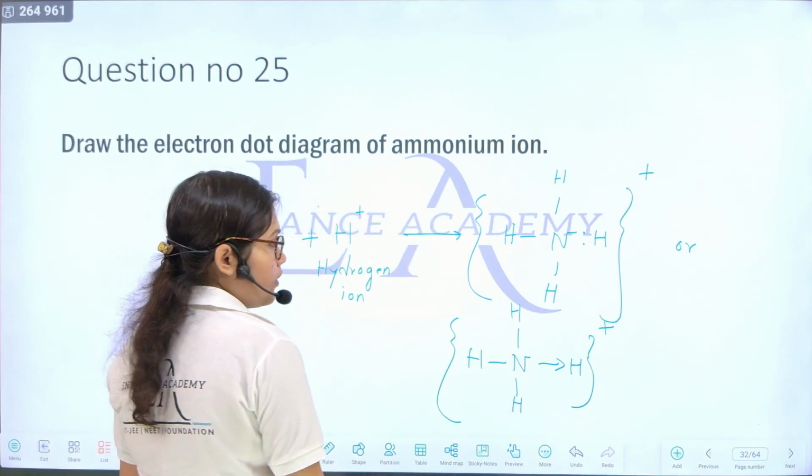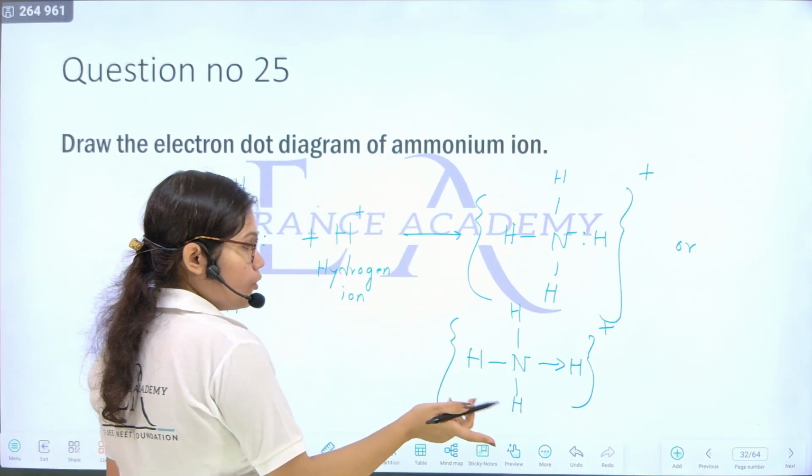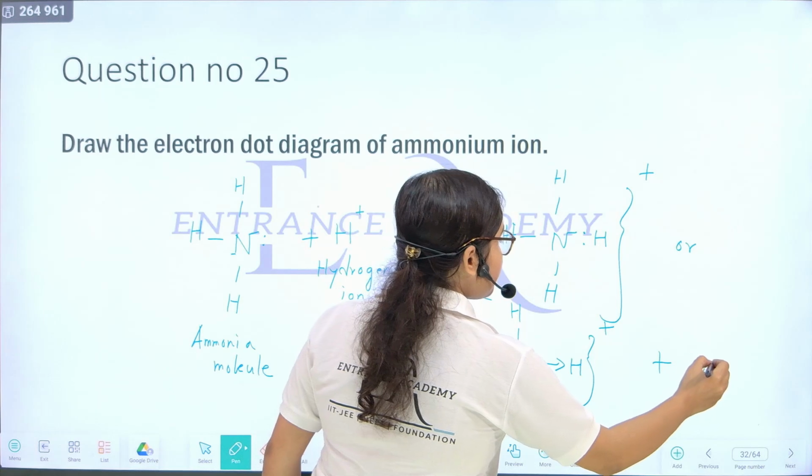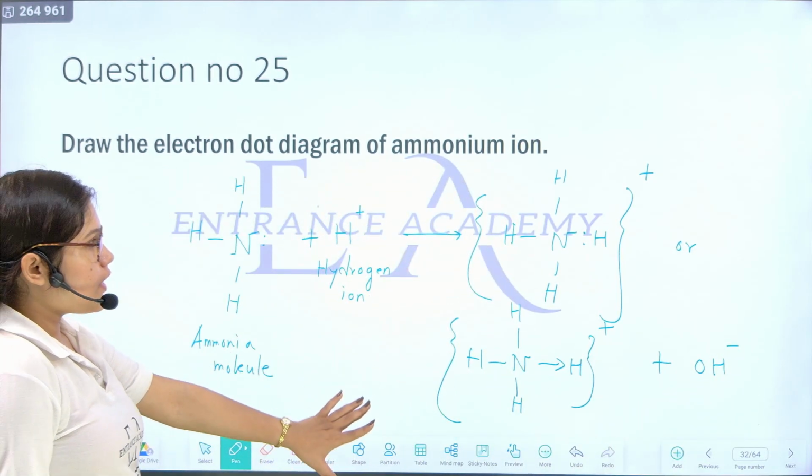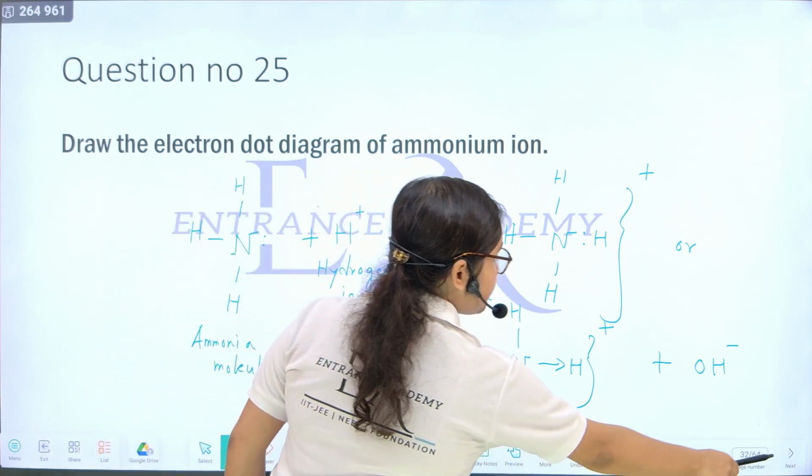This is ammonium ion, and this H plus is from water molecule, so plus OH minus. This is ammonium ion, the structure, electron dot diagram of ammonium ion.